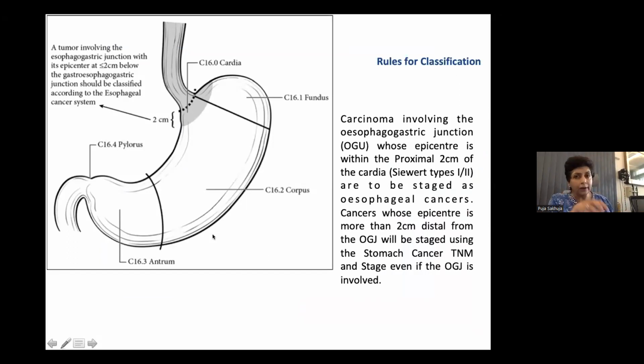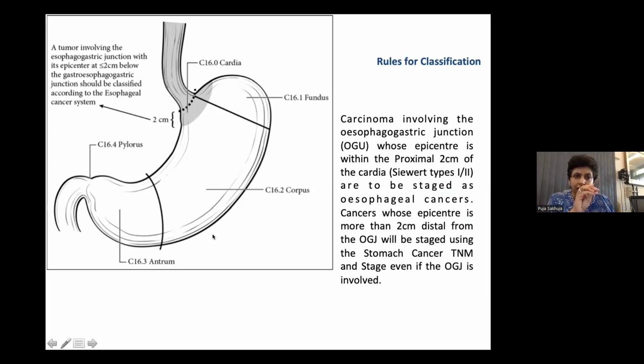Now, when you see an adenocarcinoma, especially if it is near the G junction, it is important at that time for the clinician to mention where is the epicenter of the tumor. Is it at the G junction and involving the esophagus mainly, where it is then treated like an esophageal adenocarcinoma?